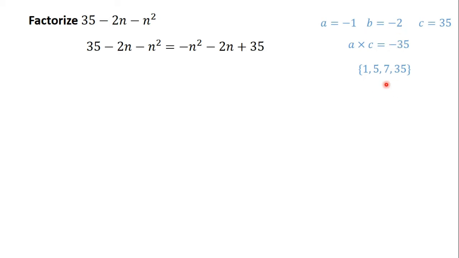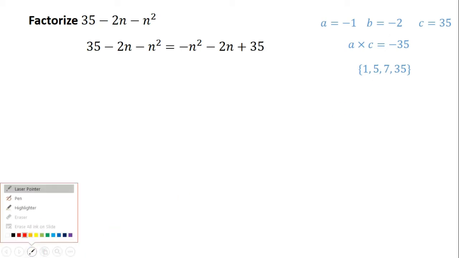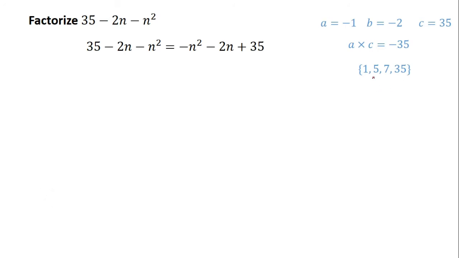Look through it very carefully and see if you can find those two numbers. Two numbers that when you multiply, you will get minus 35. When you add, you get minus 2. Did you get them? They are 5 and 7. So the two numbers we are looking for here are 5 and 7.